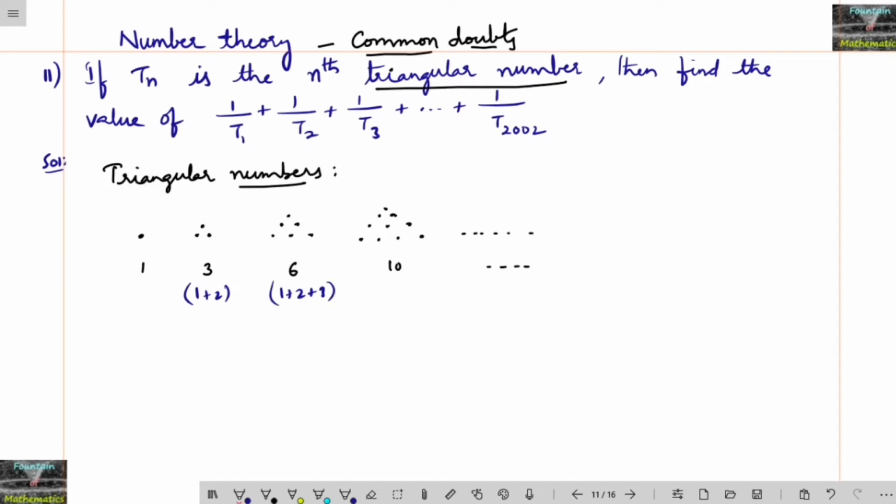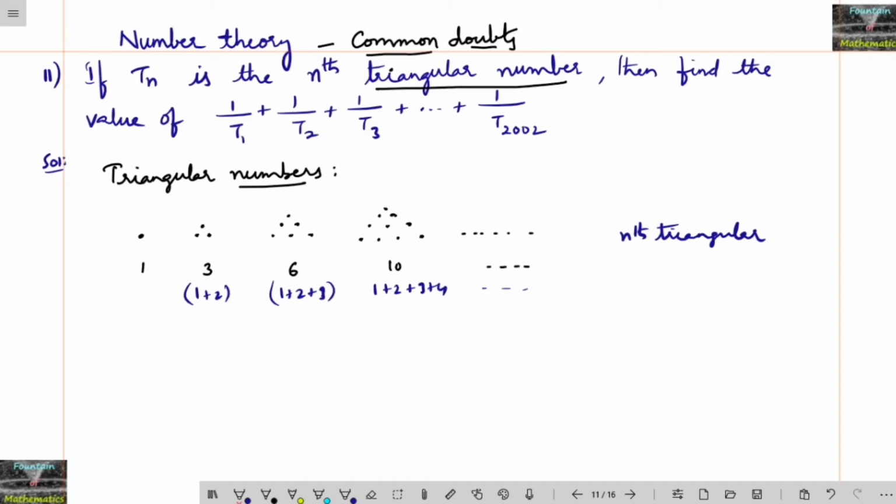If I observe carefully, these are the sum of natural numbers. The next one is the sum of 4 natural numbers, 1 plus 2 plus 3 plus 4, and so on. Suppose there is some nth triangular number.